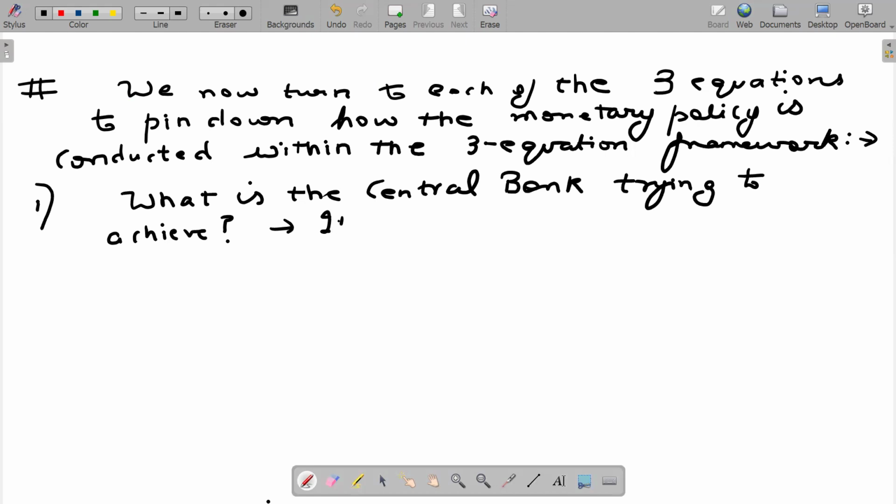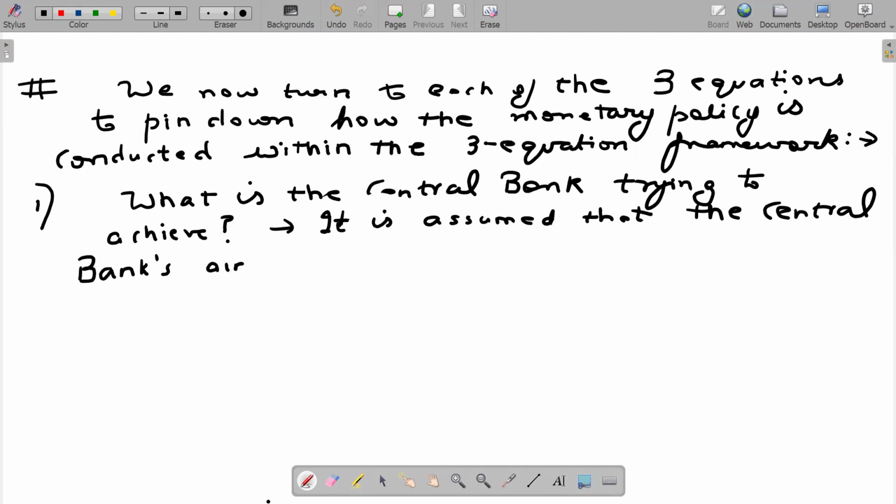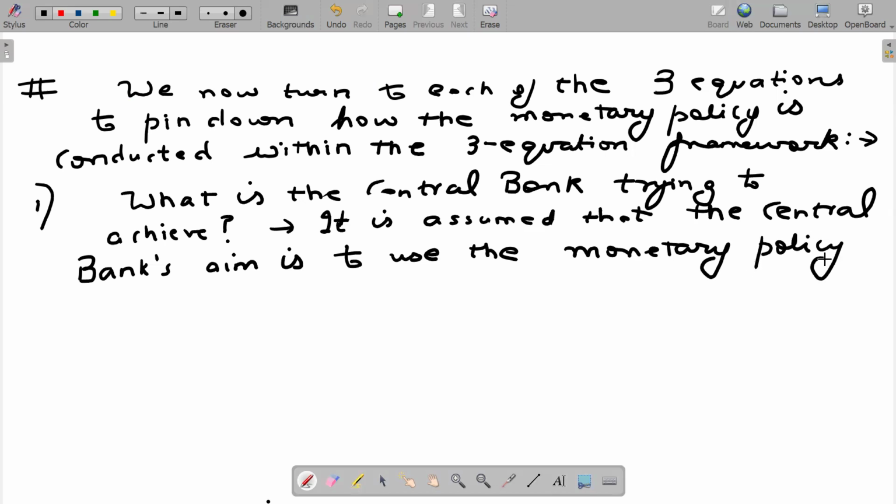It is assumed that the central bank's aim is to use the monetary policy to stabilize the economy.